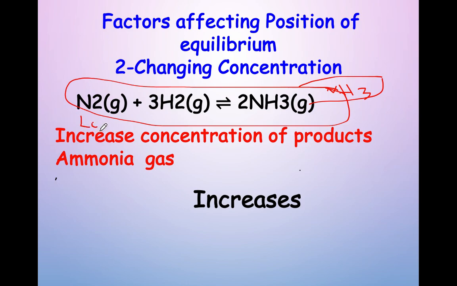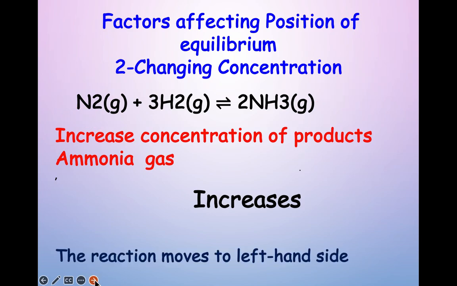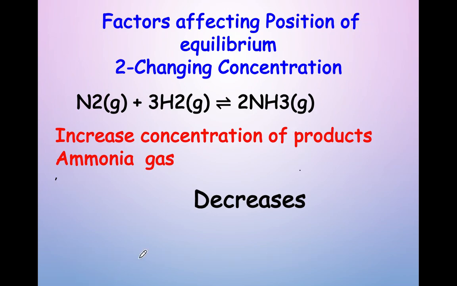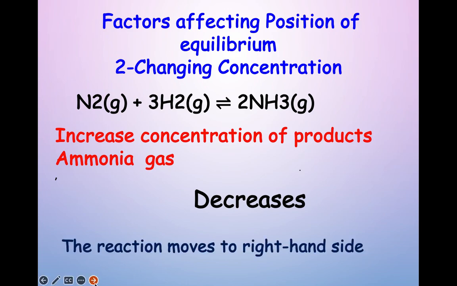There is no ammonia in the reactants, so the reaction will move to the left hand side by increasing the product, ammonia. What will happen if we decrease ammonia? The reaction will go to where there is ammonia, so it will move to the right hand side.